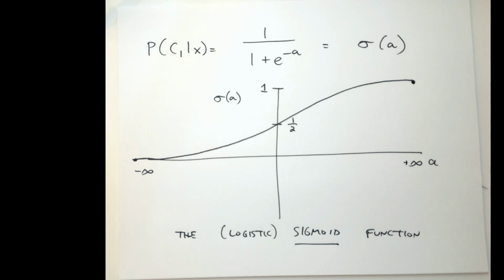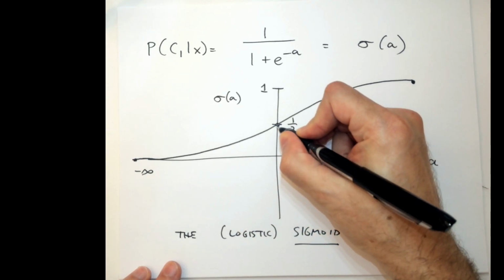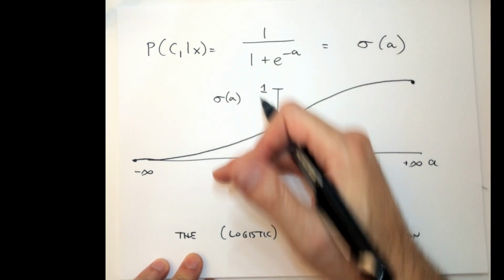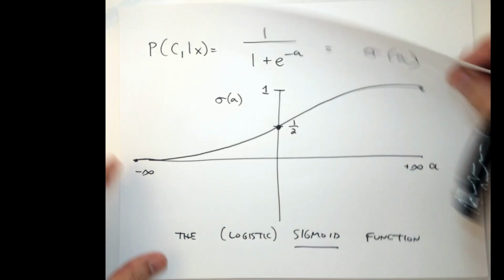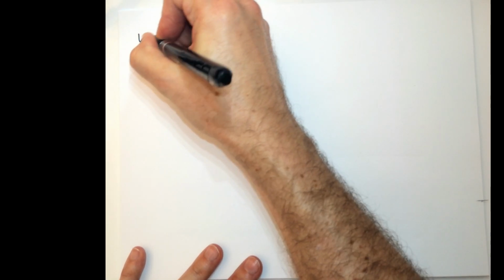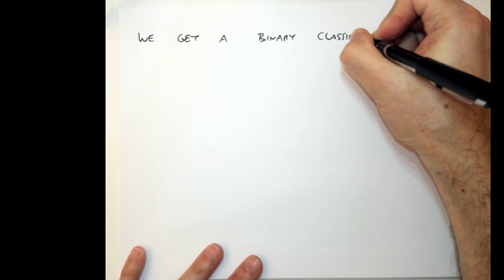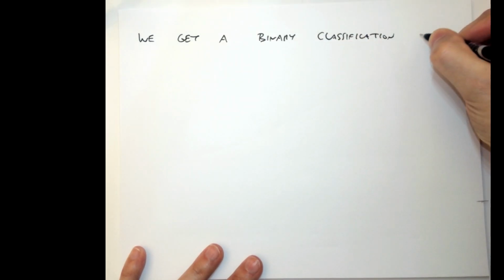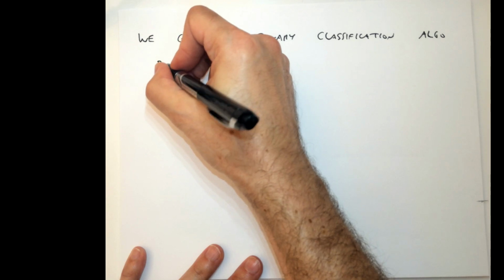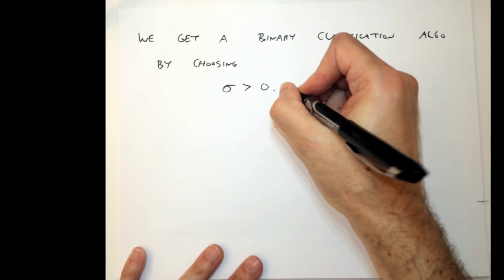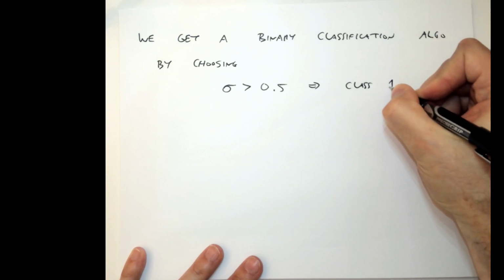And so how would I make a classification algorithm based on this idea? Well, the natural thing to do would be to say, when the sigma of the ratio of the posteriors is greater than a half, I choose class 1. Otherwise, I choose class 2. So let me just write that down. We get a binary classification algorithm by choosing: if sigma is greater than 0.5, I choose class 1.